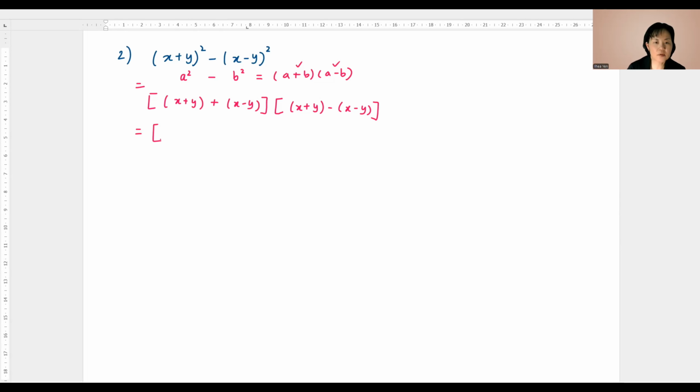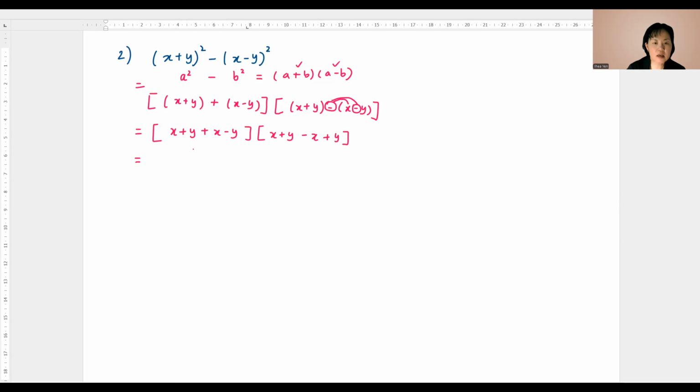I'm going to put it all out of the brackets: x plus y plus x minus y. That's not a problem. This one, you have to be very careful about. So x plus y, not a problem. Now this one, be very careful. It's going to be minus x plus y, because minus times minus becomes plus.